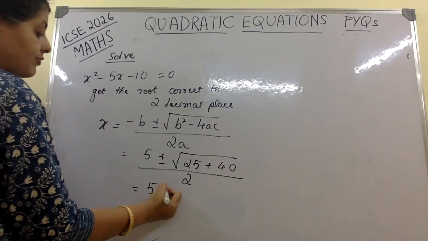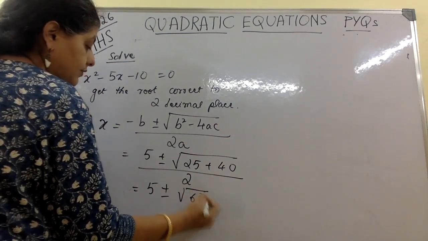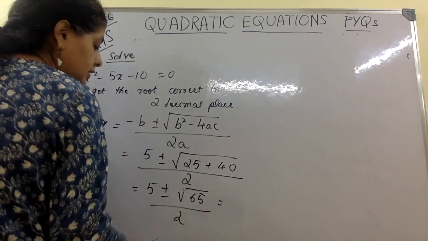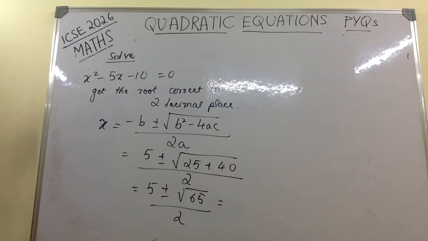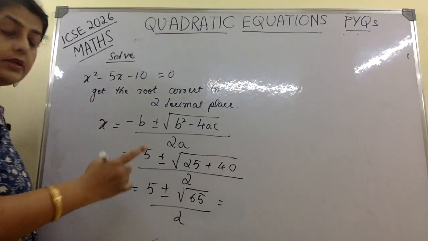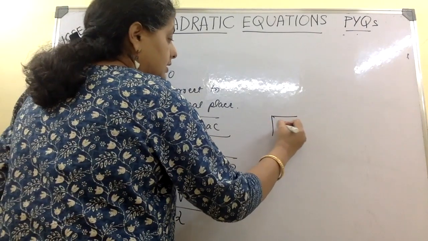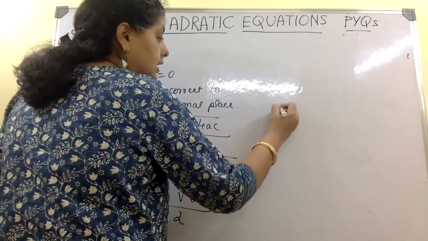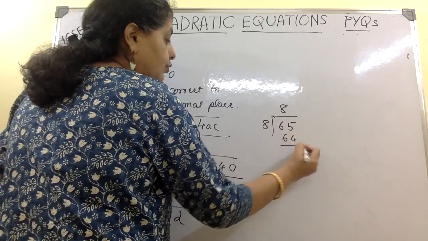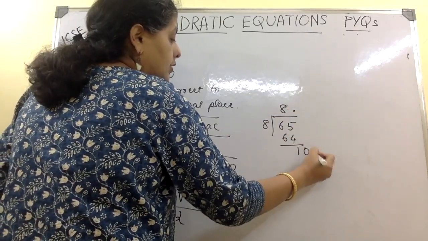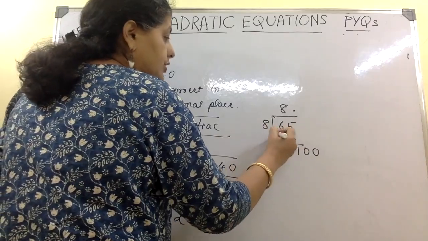So 5 plus minus root 65 by 2. Now if we find root 65, how do we find root 65? Let's see, 65, okay, this is 8, 8 squared is 64, and 1, and dot, and put 2 zeros and square root.